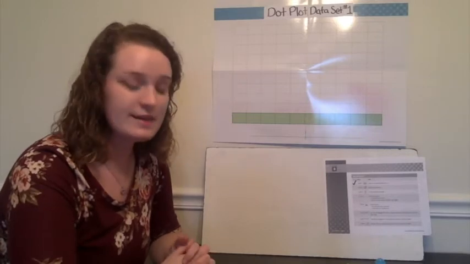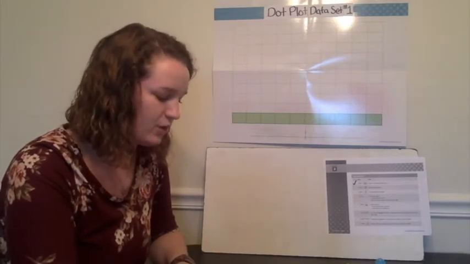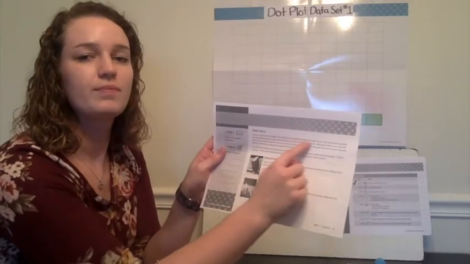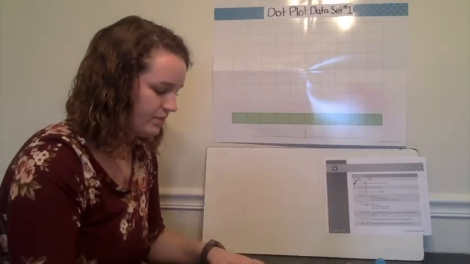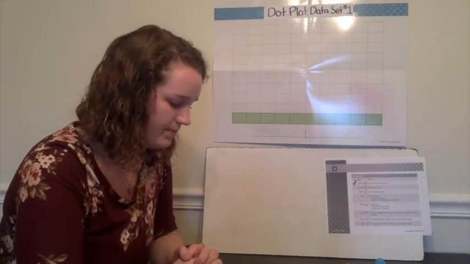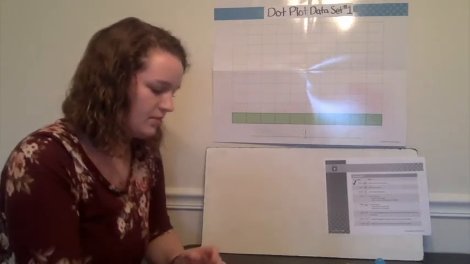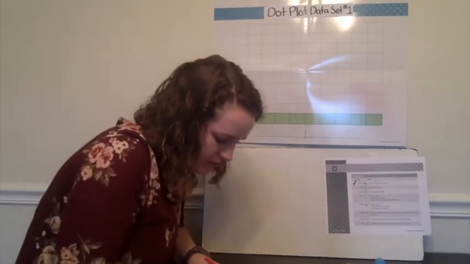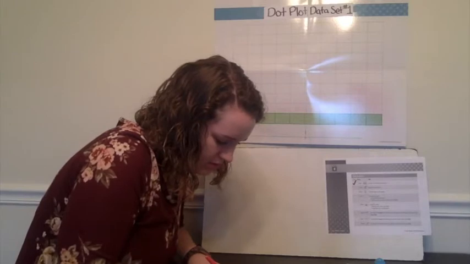If you can't find it yet, I'll give you a hint. It's in the first paragraph, the first section right here. So look in there. What do you think? I'm going to circle mine right here. You can circle yours if you want to.